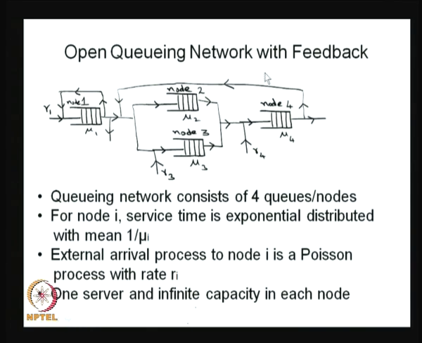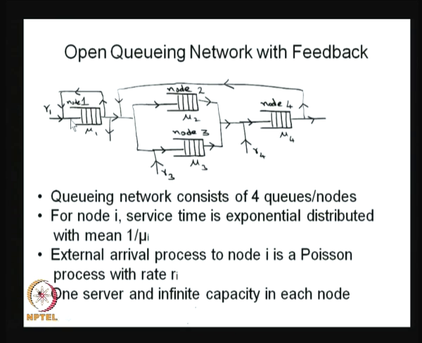So, here I am concluding with the open queuing network with feedback. The assumptions are infinite capacity in each node and a single server, and the external arrival process is a Poisson process with rate R_i, whereas the actual total arrival rate is different from R_1, because the external arrival is a Poisson process with rate R_1, but some customers, after finishing service in the first node, come back again.